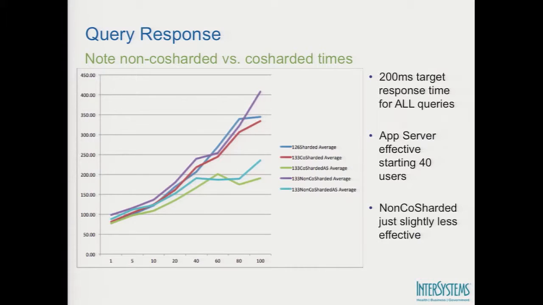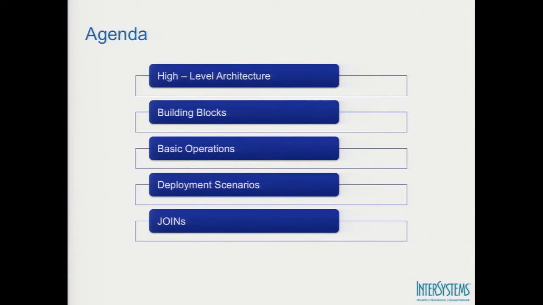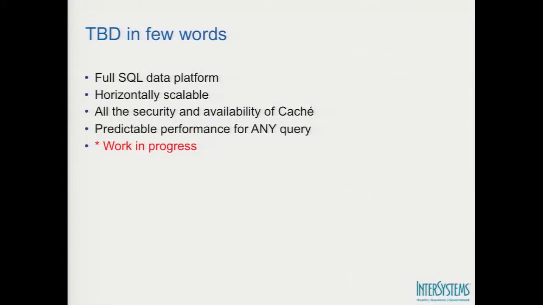So again, what we figured out how to do thanks to ECP technology is predictable response time for every query. Doesn't matter, sharded or non-co-sharded. So if I try to summarize what this platform is in a few words, right now it's a full SQL data platform.